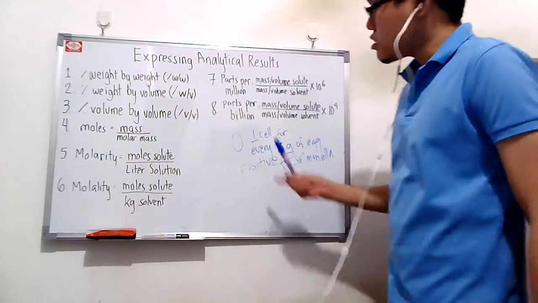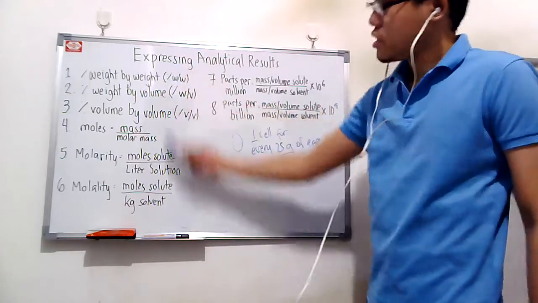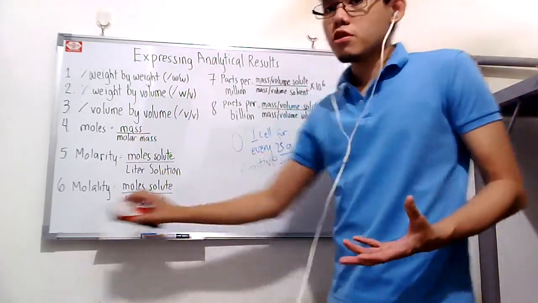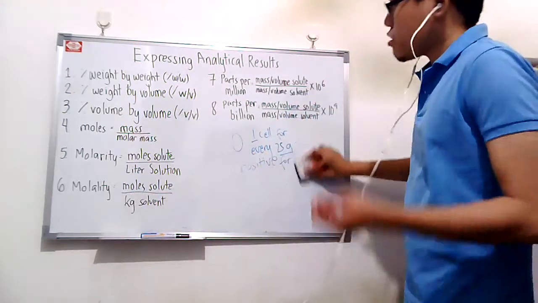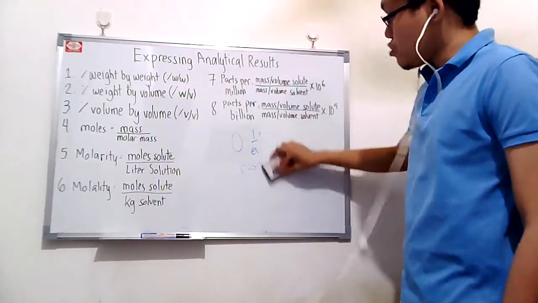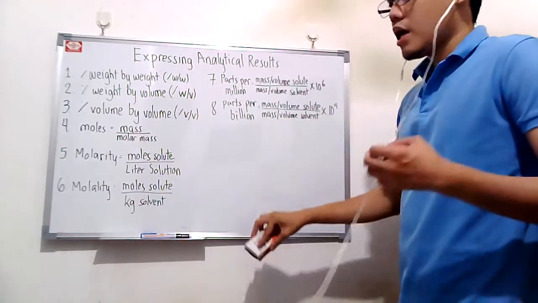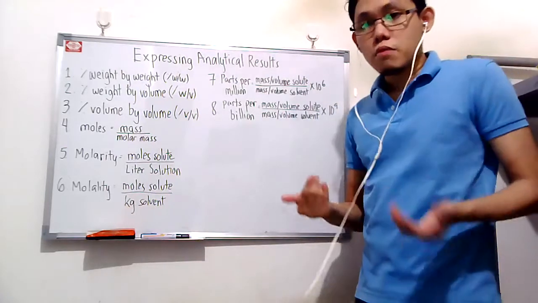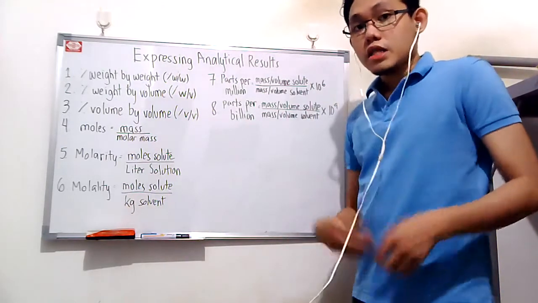In this regard, we have here 8 examples of the most common expressions of analytical results used in analytical chemistry. Of course, there are also other expressions in different fields.